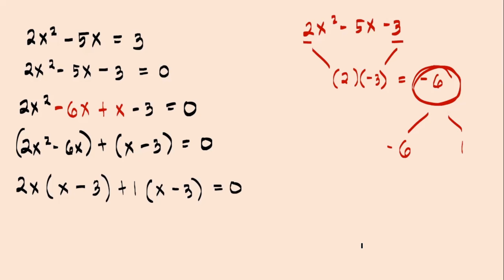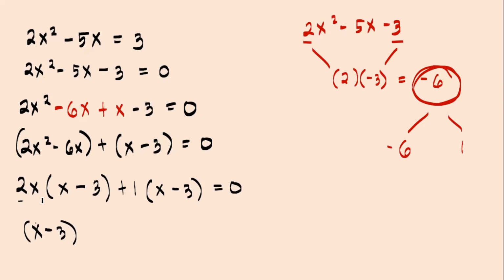So, ano yung napansin? Kung mapapansin nyo, pareha silang may x minus 3. So, ito yung common factor. So, pwede nating ilabas si x minus 3. So, ano na lang matitira? 2x. Sige, ilabas natin si x minus 3.